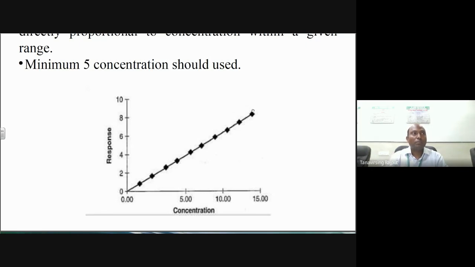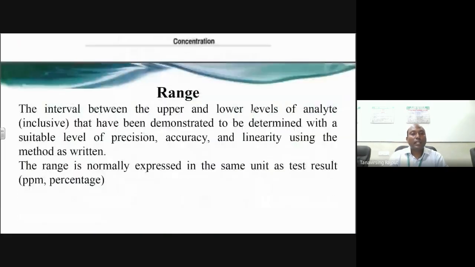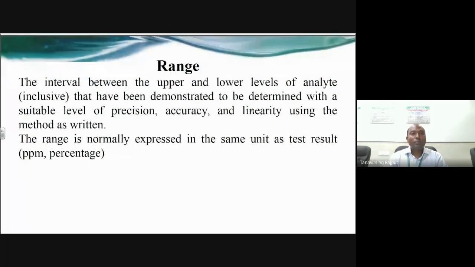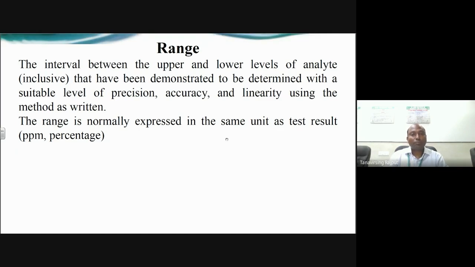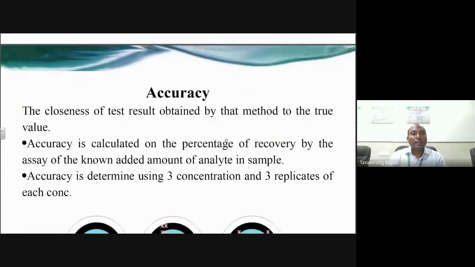Whatever analysis we perform, we have to perform within that range, from 2 ppm to 10 ppm only. If we perform the analysis within that range, we get outcomes that are precise, accurate, as well as linear. And the next one is accuracy.